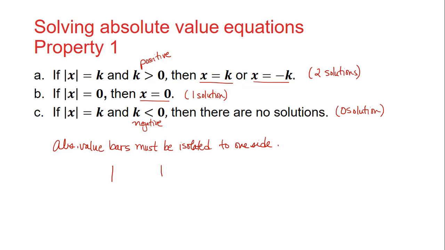To kick the field goal, you've got to get down the field and clear everything else off, right? And that's kind of what we're doing here. We want to get everything cleared away from the absolute value so that we can kick the goal and make some points. So we're going to isolate the absolute value, and then we will apply one of these three cases.